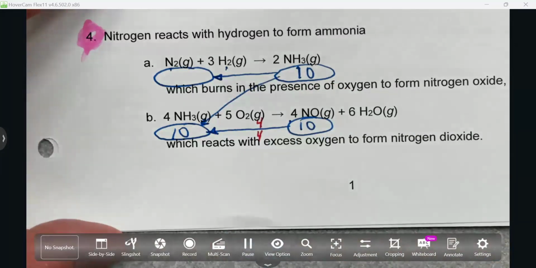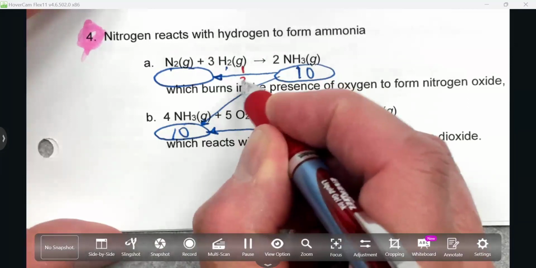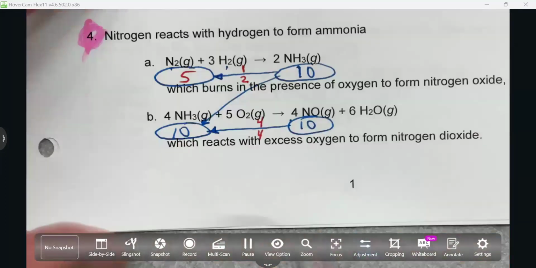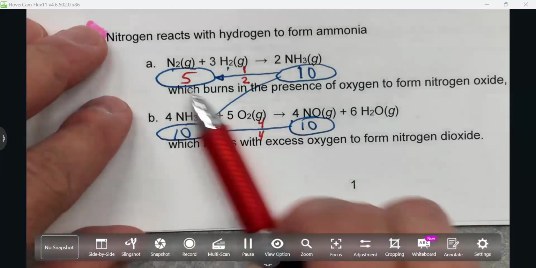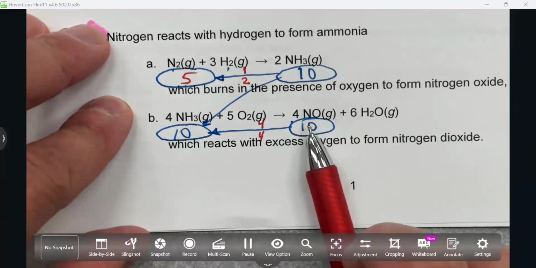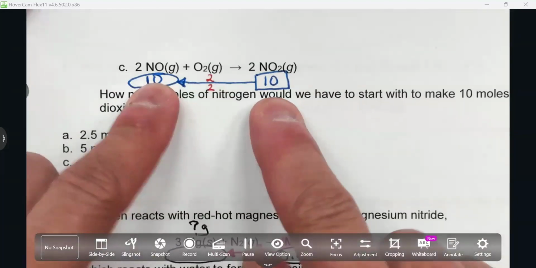What's the mole ratio here? 1 to 2, correct? So if we started with 5 moles, run this in reverse, 5 would produce 10. This 10 here would produce 10. And that 10 here would produce 10.